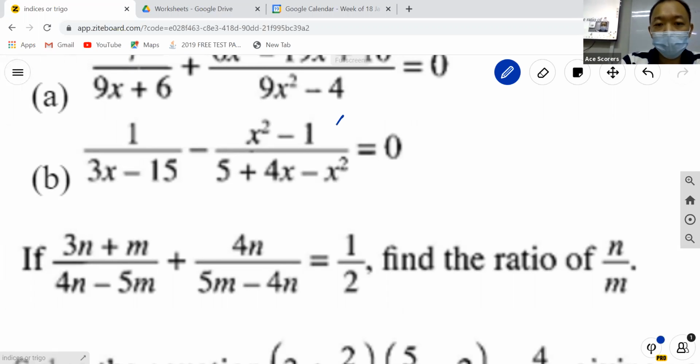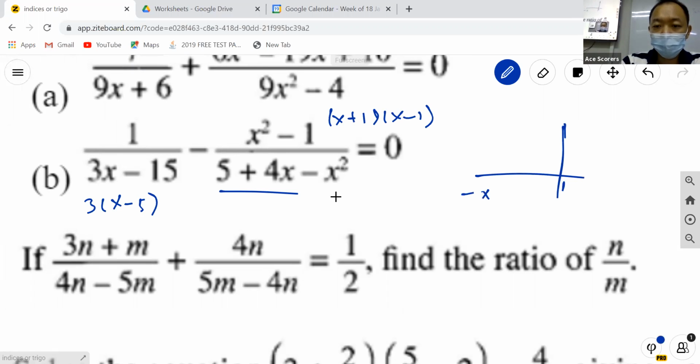This one is x plus 1, x minus 1, factorize. So this is 3x minus 5, factorize. Now here, you gotta factorize minus x squared plus 5 plus 4x minus x times x.